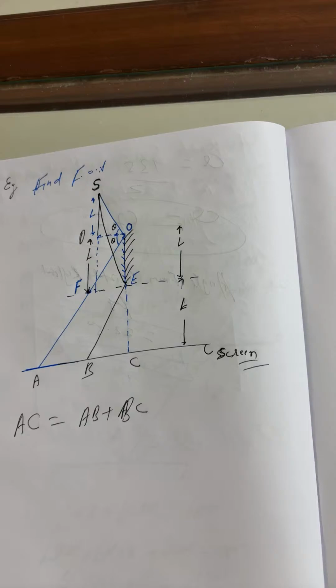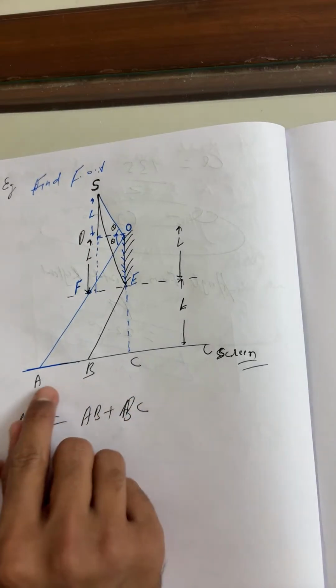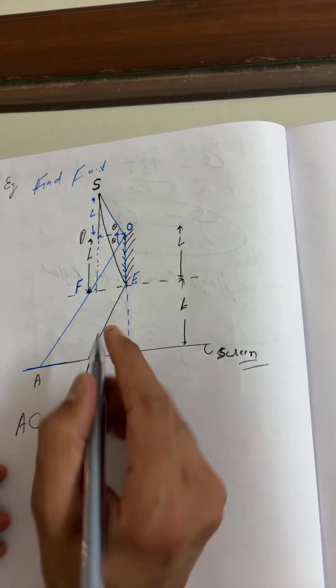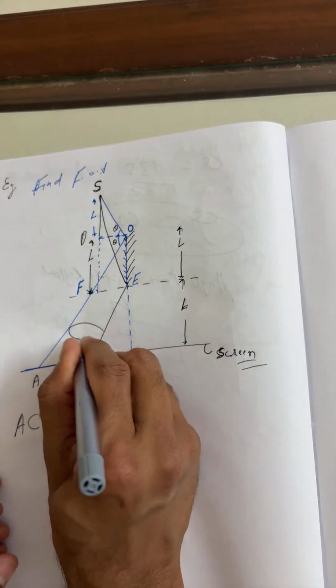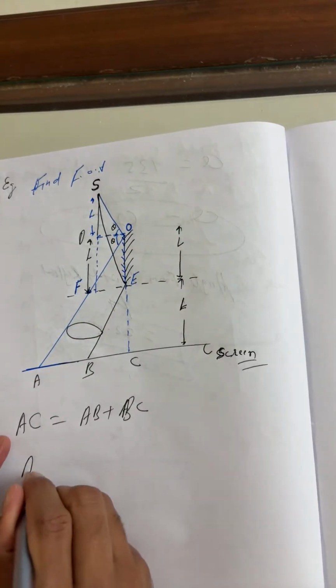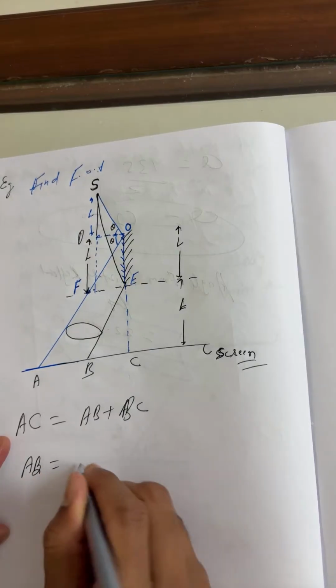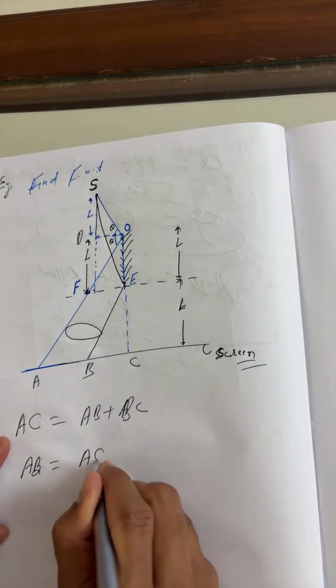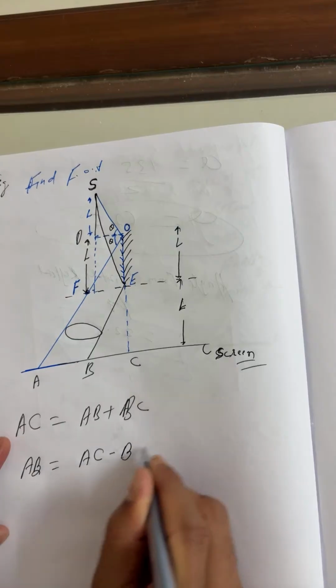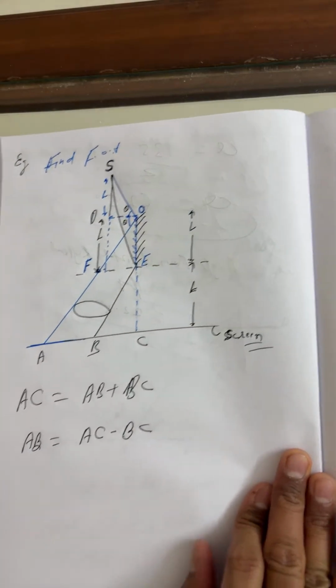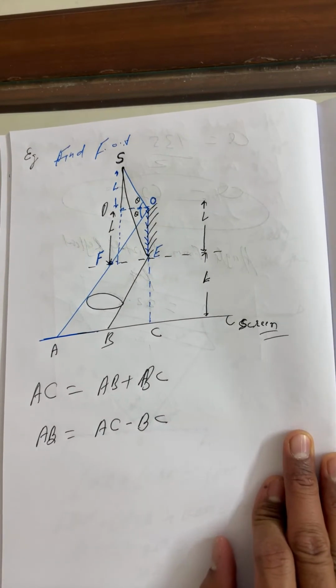AB plus BC. Beta, we wish to find AB here because this is our target. This is the field of view. My dear, this is the field of view. So we can say this is AB. So AB is AC minus BC. This is AC minus BC.